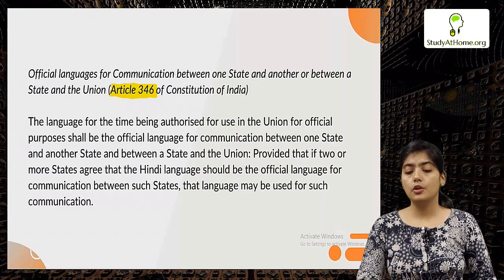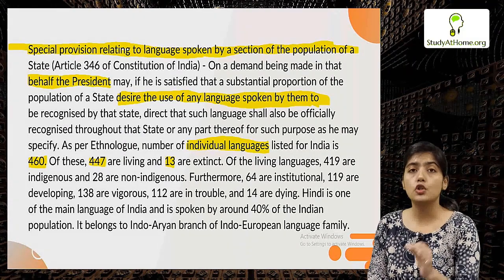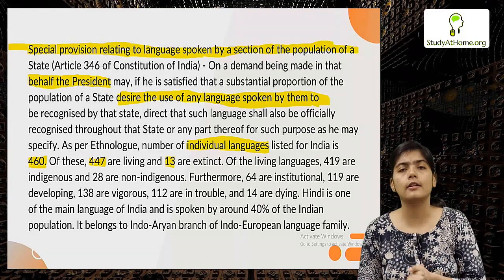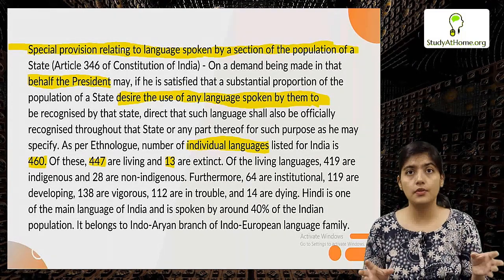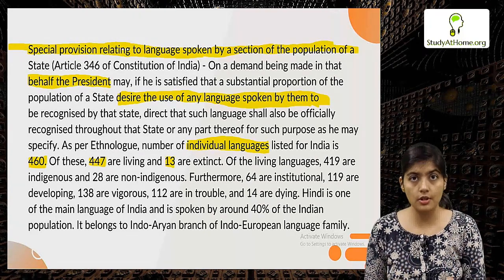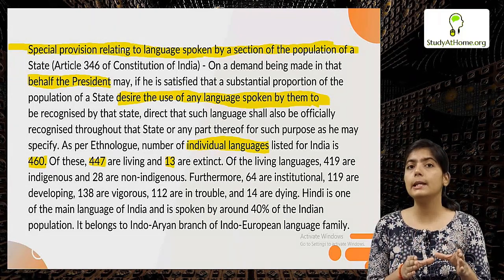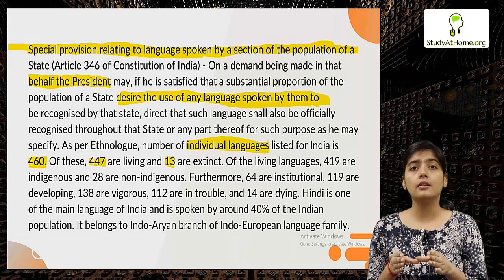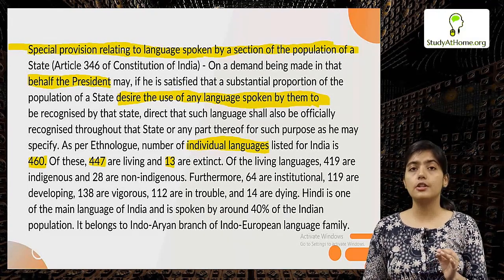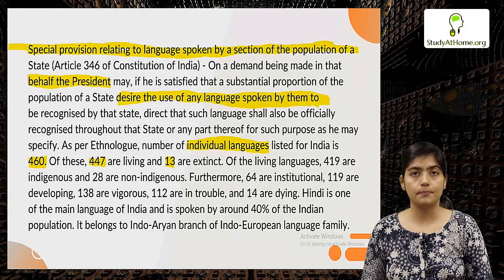Then after, you can see a special provision related to the language spoken by a section of the population. As we know very well, India is a diversified country, we have many languages, many cultures and traditions. If a particular section of any state is speaking any language, there is a special provision related to this language in Article 346.